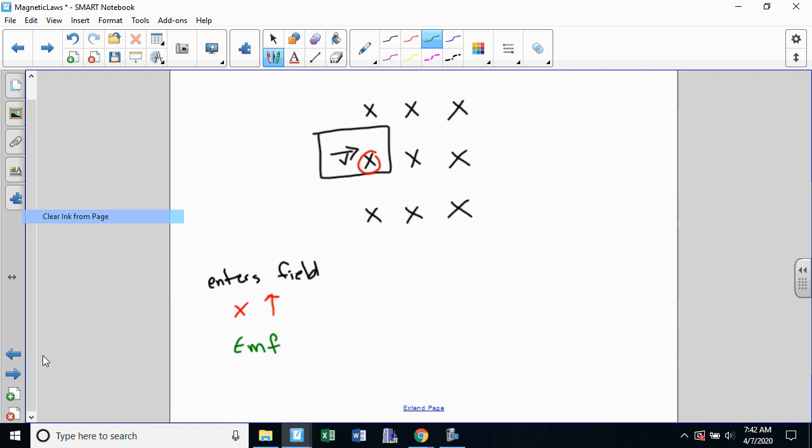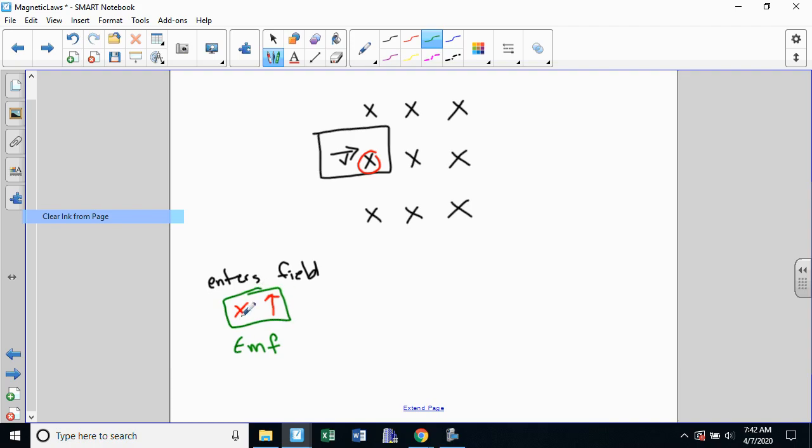In order to establish the direction of the current, I know that the current is going to try to create its own magnetic field. The current in the loop is going to try to create its own magnetic field that opposes the change in flux.